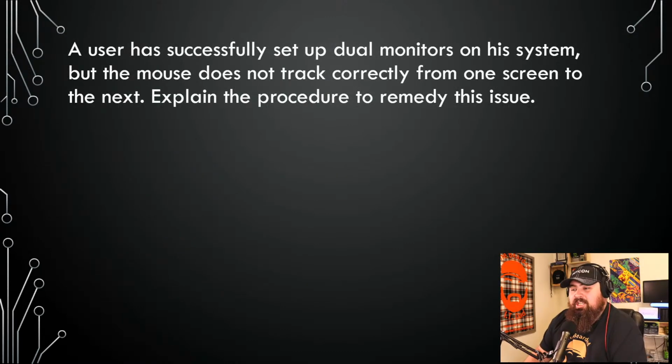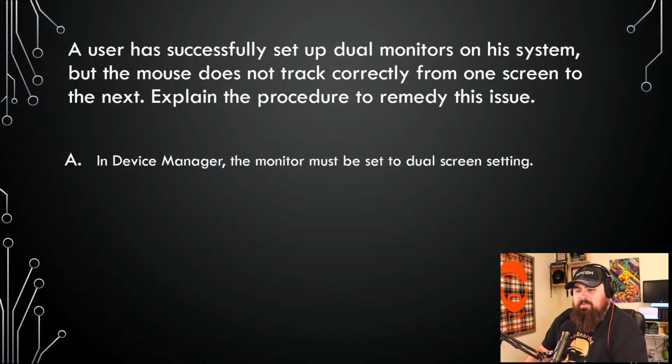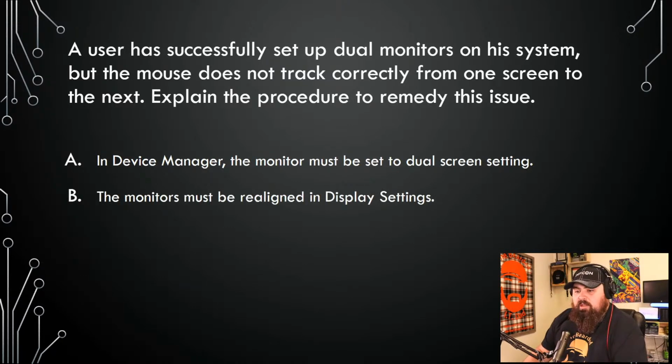A user has successfully set up dual monitors on his system, but the mouse does not track correctly from one screen to the next. Explain the procedure to remedy this issue. Would you, A, in Device Manager, the monitor must be set to dual screens? B, the monitors must be realigned in display settings? C, the screen personalization must be reset?